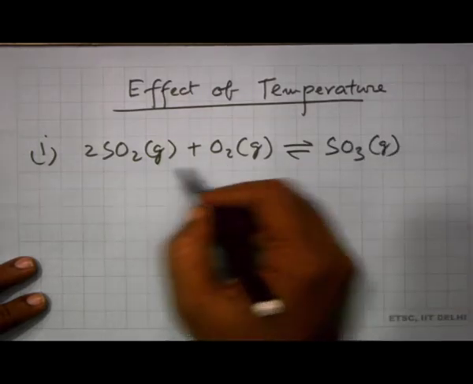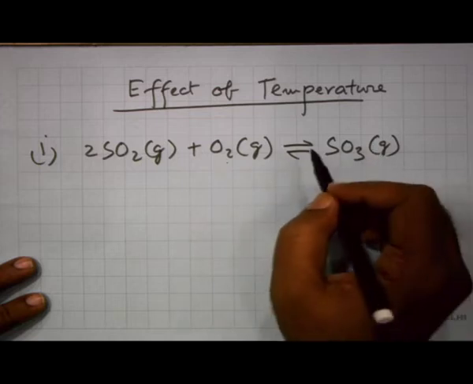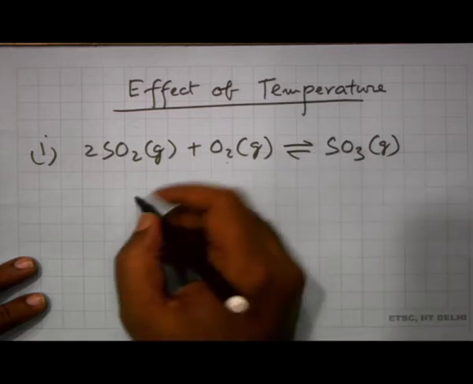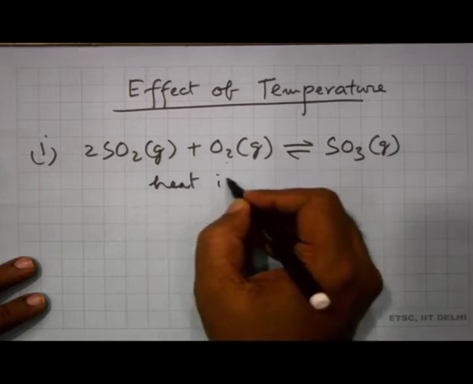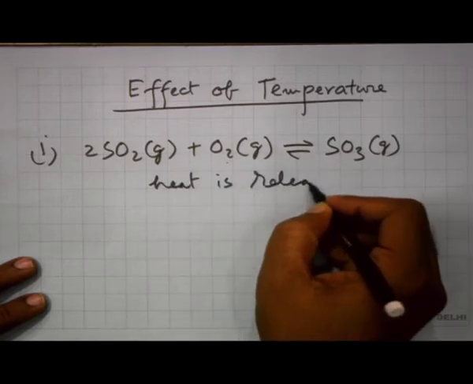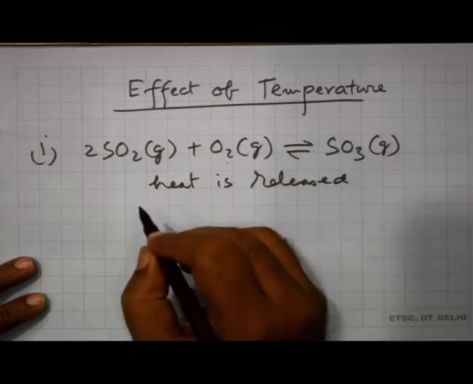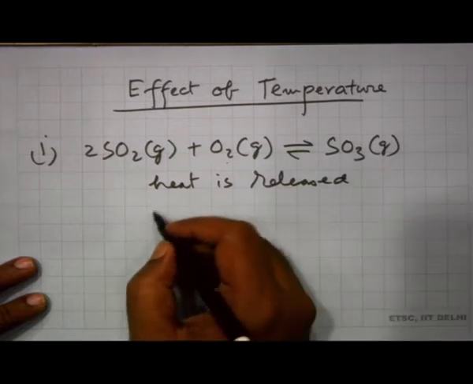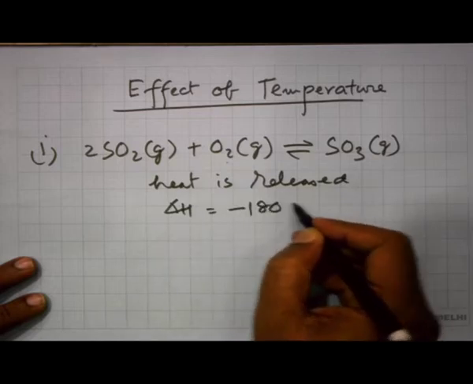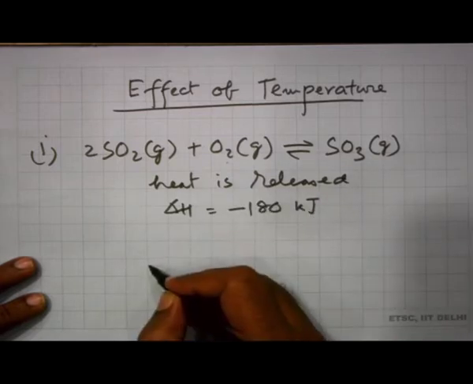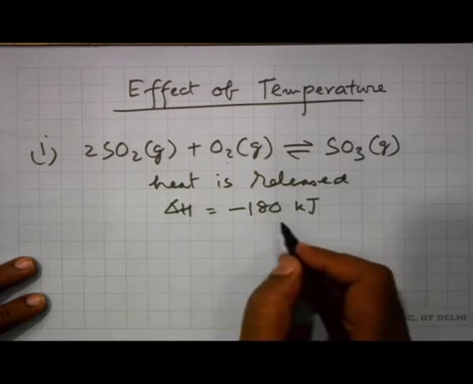When SO2 reacts with O2 to give SO3, heat is released, and it is an exothermic reaction, and delta H is equal to minus 180 kilojoule per mole.